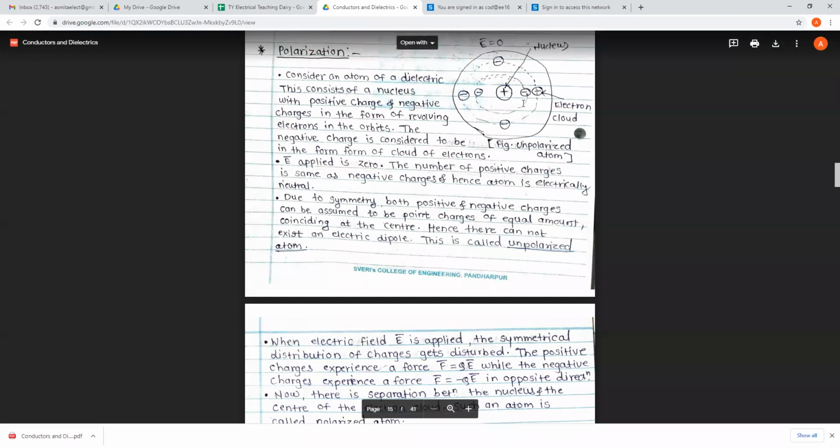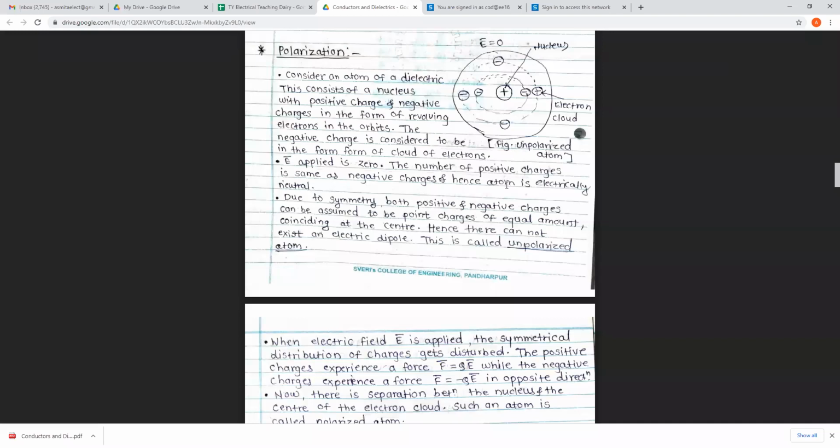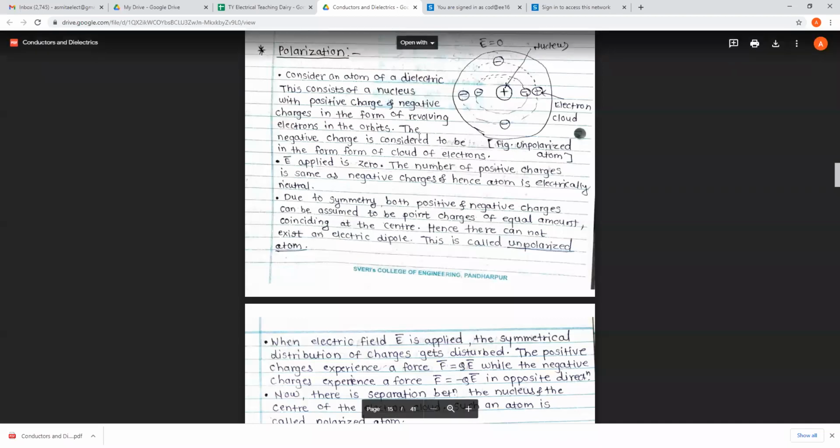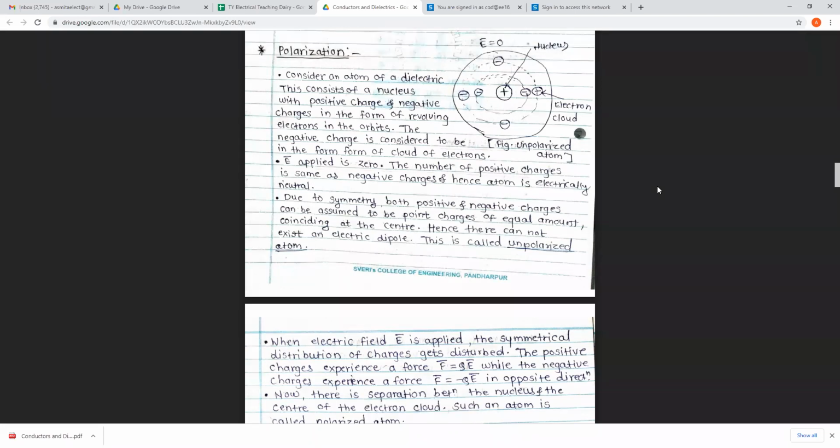But when we give some external supply or external electromotive force, there will be shifting of these electrons. When the applied electric field E is equal to 0, the positive and negative charges form an electric dipole.